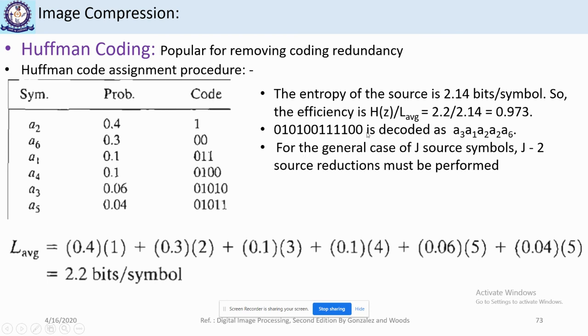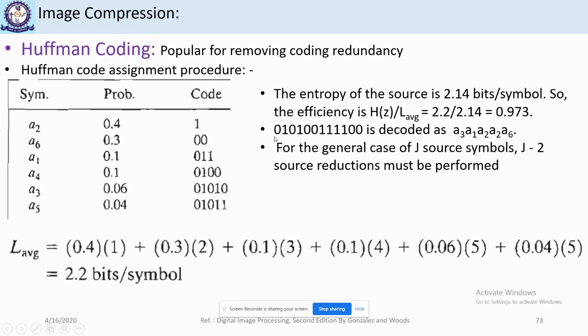Now, this Huffman code is written for these symbols only. If we want to decode this code, you see the first sequence we have here is 01010.